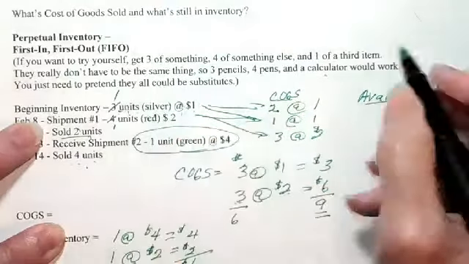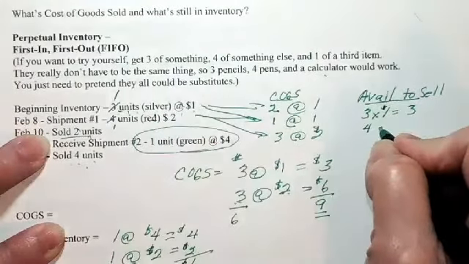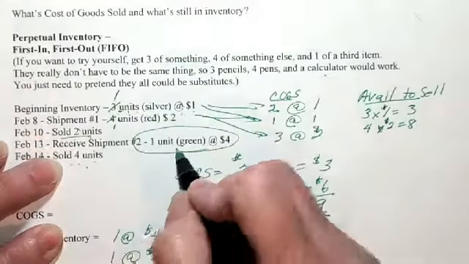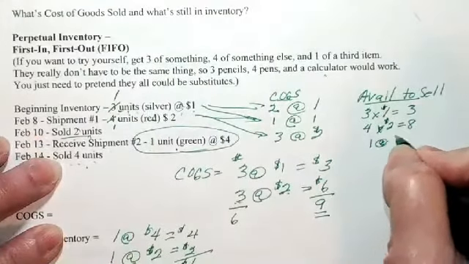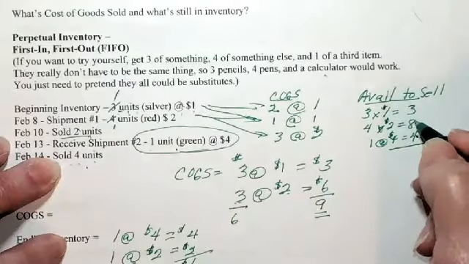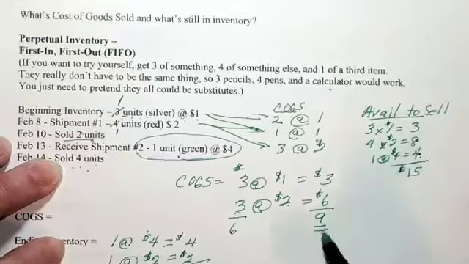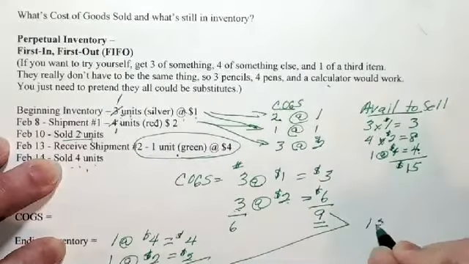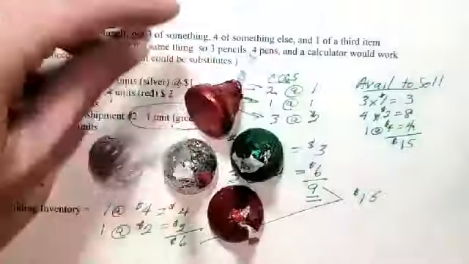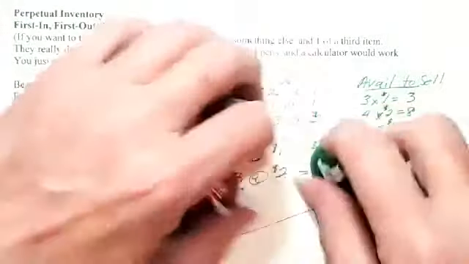We had 3 at 1. I bought 4 at 2. And then I bought another 1 at $4. So that is 8 and 3 is 11. So that's $15 here. And this has to equal the same $15 because I had this much in total, and then this much was left.